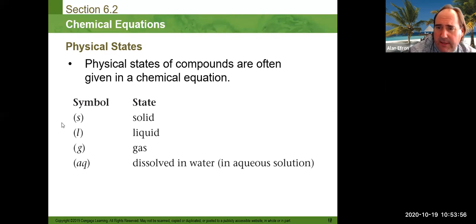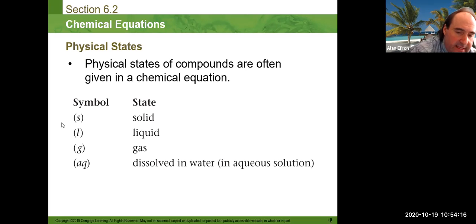So I sort of jumped the gun on that there, but again, those are very common things that are oftentimes shown in a chemical equation. Now, when we approach a chemical equation, there are 2 ways that it commonly happens.